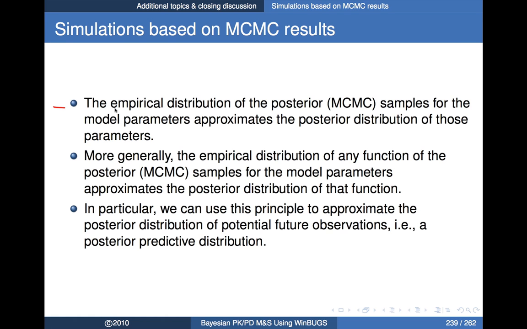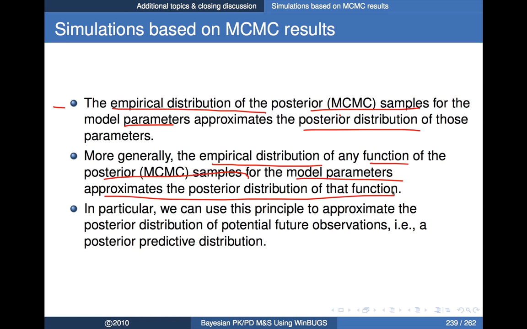I comment here that the empirical distribution of the posterior samples for our model parameters approximates the posterior distribution of those parameters, but more generally, the empirical distribution of any function of the posterior samples of those parameters approximates the posterior distribution of that function.